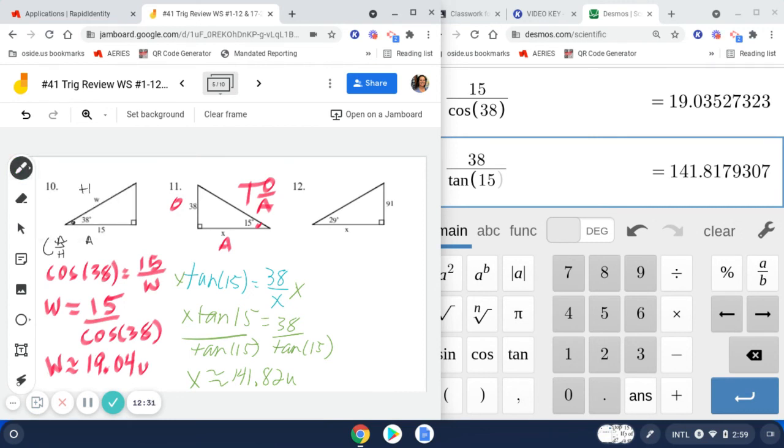Last but not least, one of the practices. Pause this video, try it, see how you did. Did you get opposite over adjacent or TOA again? Tangent of 29 is equal to opposite over adjacent. Bring that x up, divide by the tan.